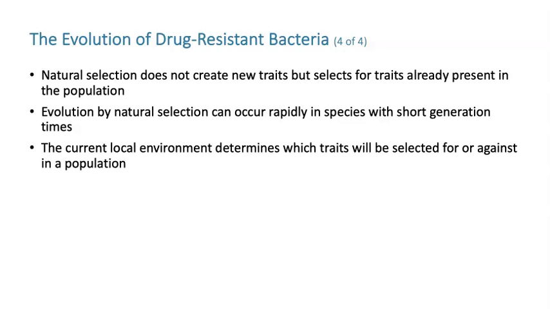Again, remember that natural selection does not create new traits, but selects for traits that are already present in the population. So in the case of MRSA, there were a couple of different enzymes that they could use. One was the most common enzyme. This rare one was being used, and it became more and more populous in the population because of descent, right? Through passing down inheritable traits.